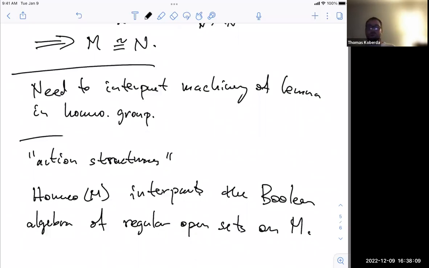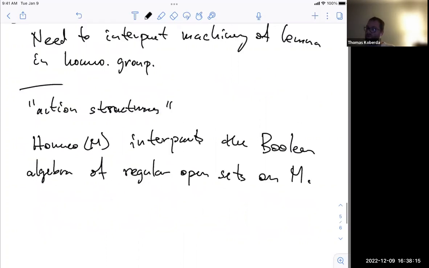So first of all, these are open sets. Okay, and an open set is called regular if it's equal to the interior of its closure.